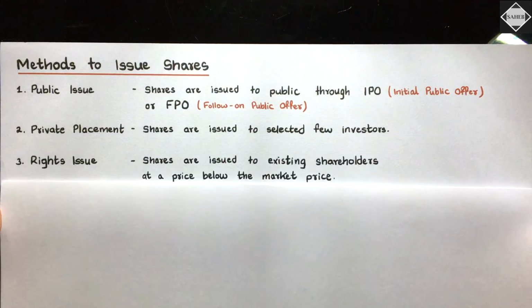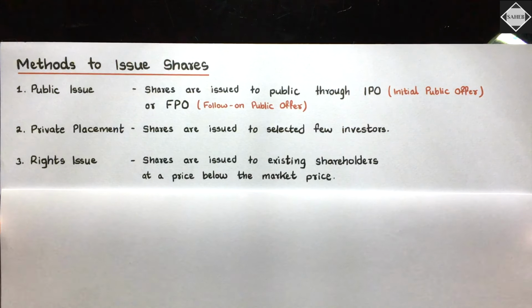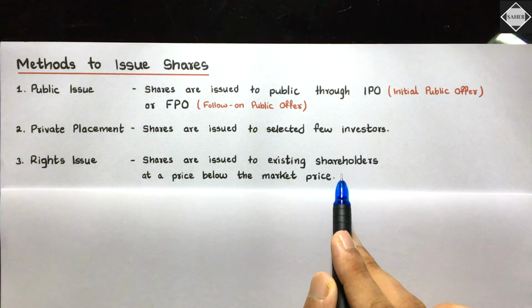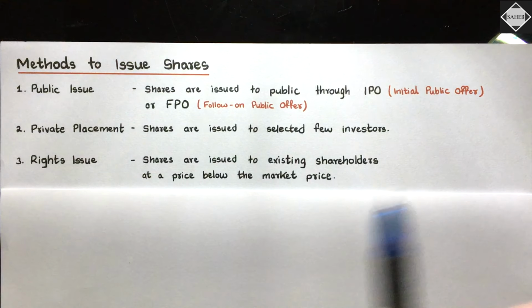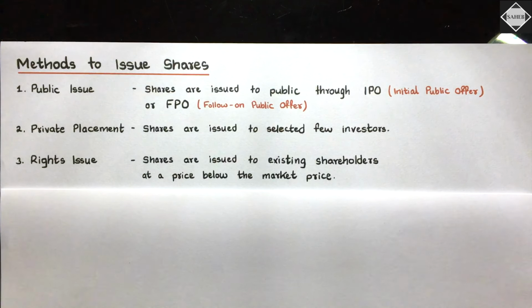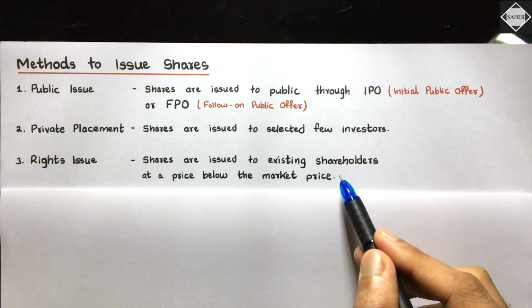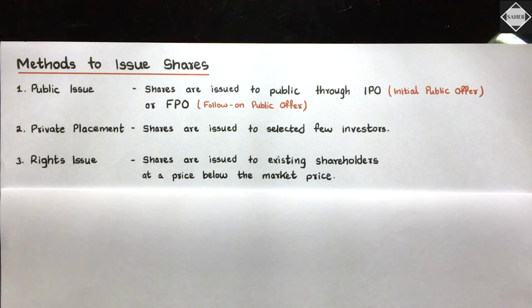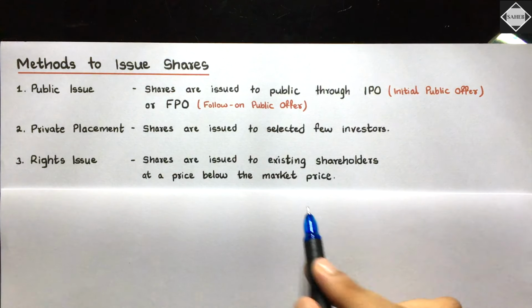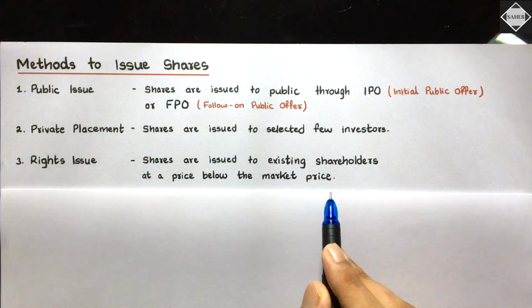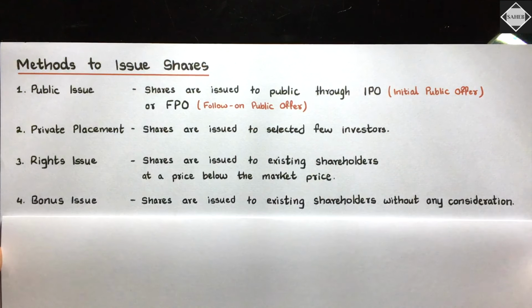Then we have rights issue. Here the company issues shares to the existing shareholders of the company. There will be a ratio decided, and based on that, existing shareholders have a right to subscribe to the shares of the company at a price below the market price. Then there is bonus issue.